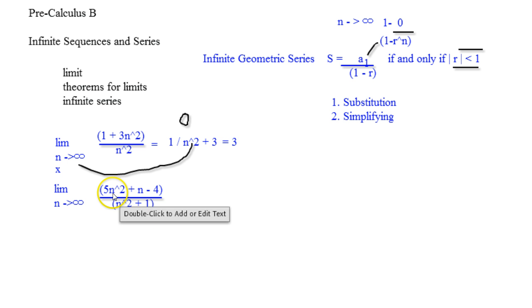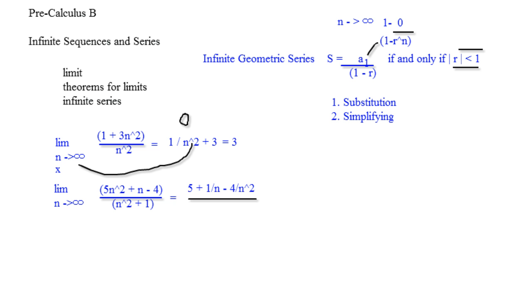Another trick is to notice the biggest exponent variable and divide everything by that. So on the top, I'm going to divide everything by n squared, so I'm going to have 5 plus 1 divided by n minus 4 divided by n squared.